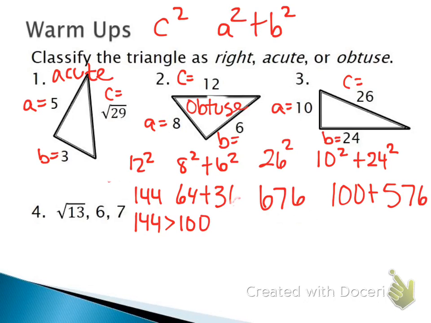And if we add 576 and 100, how do these compare? Which makes this a right triangle. Same steps every time, and really it's similar steps to what we were doing previous days. So those problems should be pretty quick.